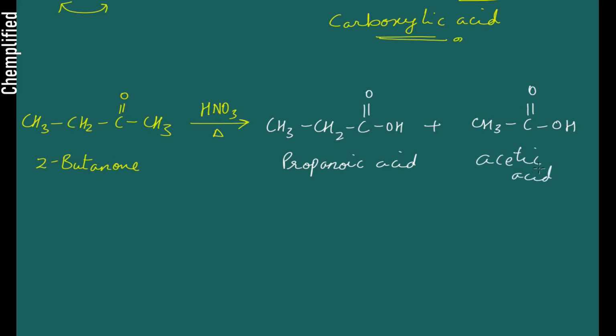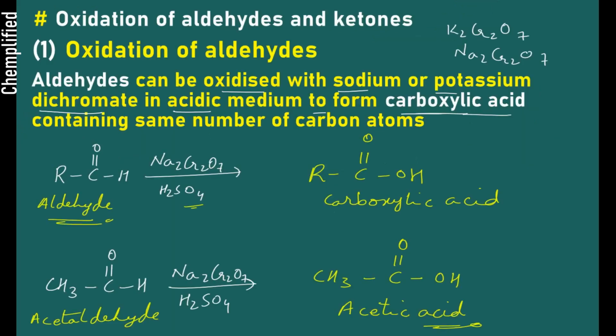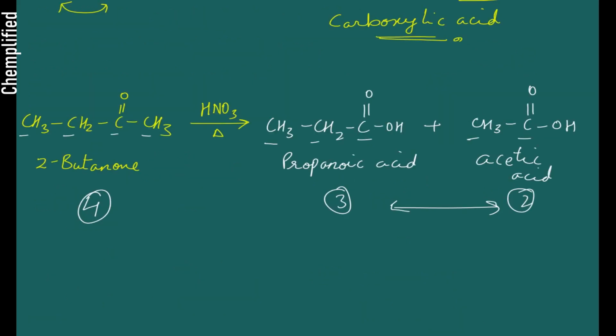Sorry, and the second product will be acetic acid. Now if you look closely, you have how many carbon atoms? 1, 2, 3, and in this acetic acid you have 2 carbon atoms. Now look at the parent chain, 1, 2, 3 and 4. There are 4 carbon atoms in the parent molecule and 3 and 2 in the products. So the number of carbon atoms gets reduced in case of ketones.